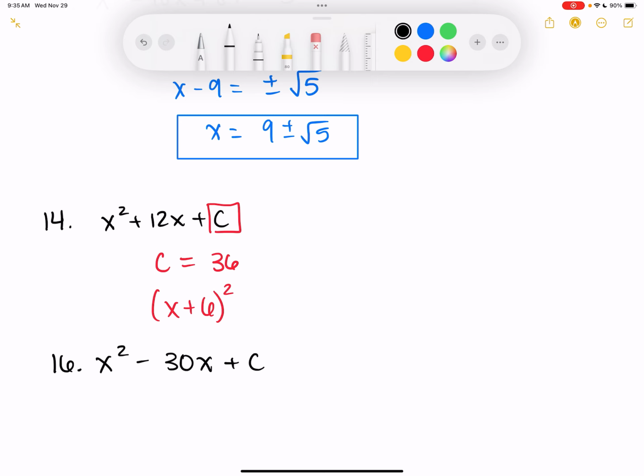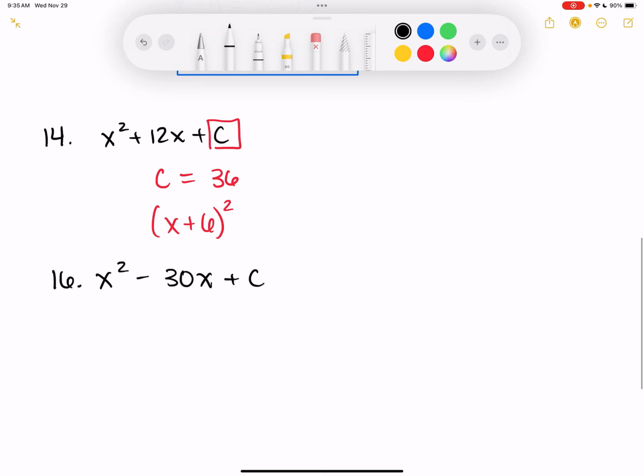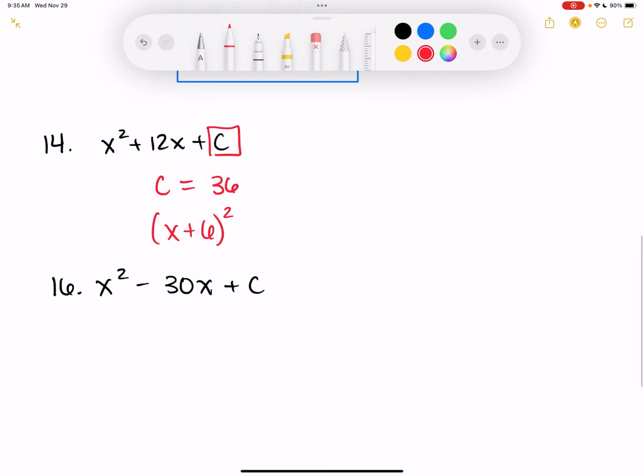So half of 30 is 15, we square that, we get what? 225? Yep. So then what would be my factor? X minus 15 squared.